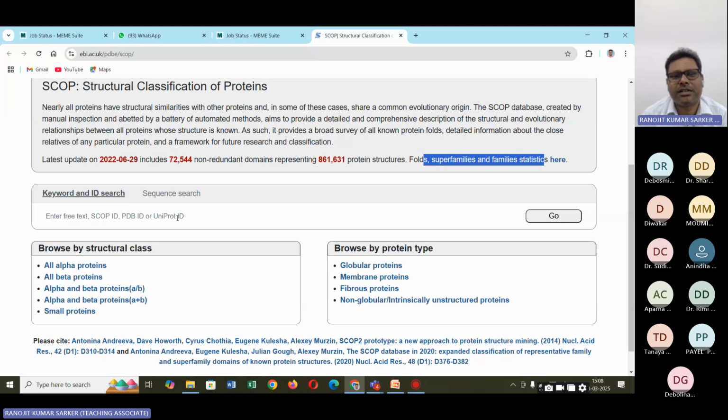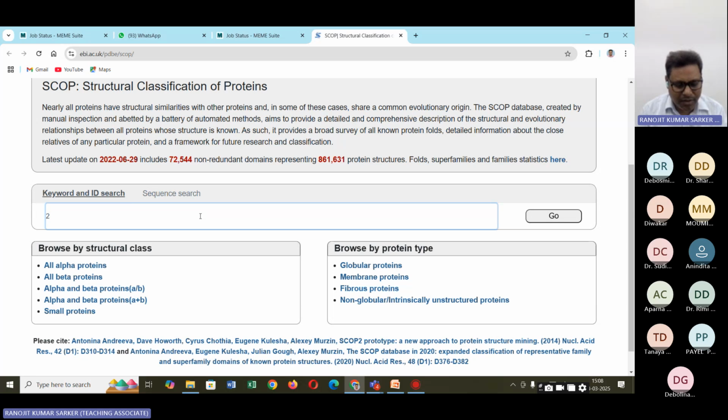If we are doing some research, we might have some PDB ID, we might have some UniProt ID. In the last session, we discussed the UniProt database, so I hope you are familiar with the UniProt ID. Now, as we are going through SCOP for the first time, I might have some PDB ID.